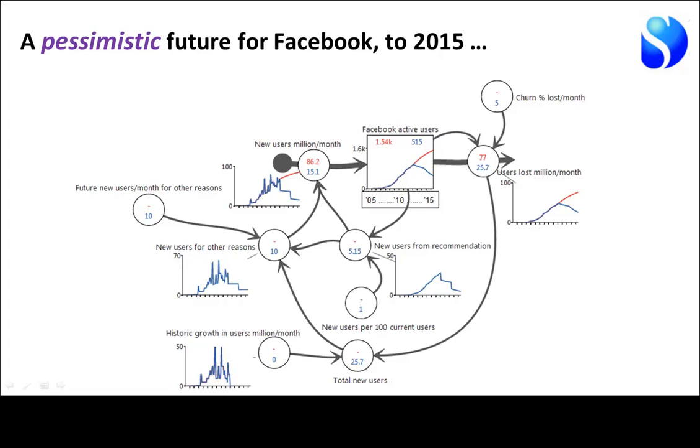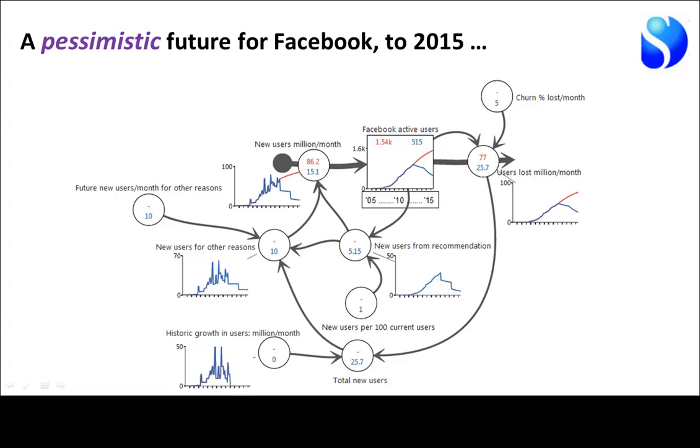But it really revolves around that stock of Facebook users in the middle there, and that number of 515 million Facebook active users at some point, I think that's about mid-2012. That's real data. The whole of the chart there is real data up to that point in time.